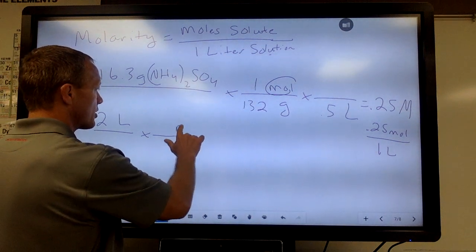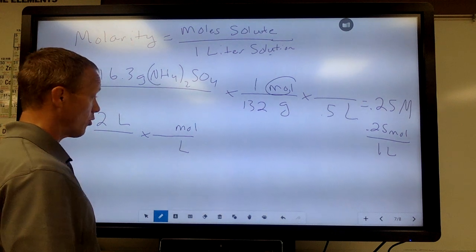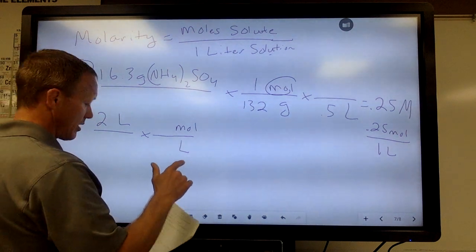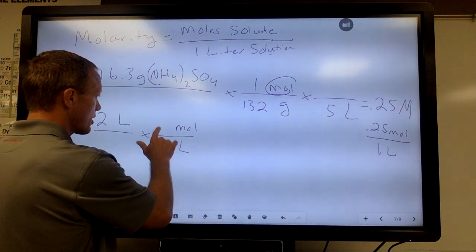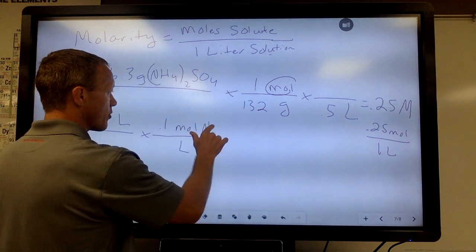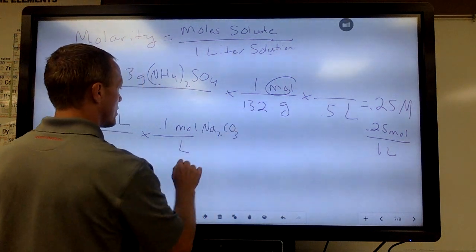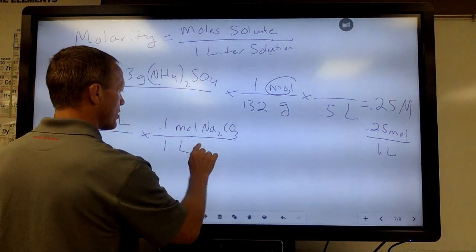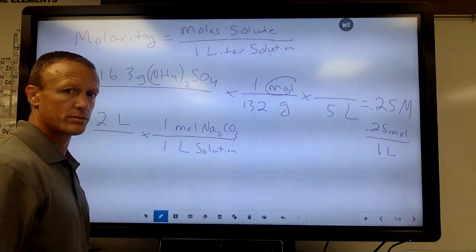If I want to get from liters to moles, I use the molarity. The molarity is 0.1 molar, which means there are 0.1 moles of sodium carbonate per 1 liter of solution.